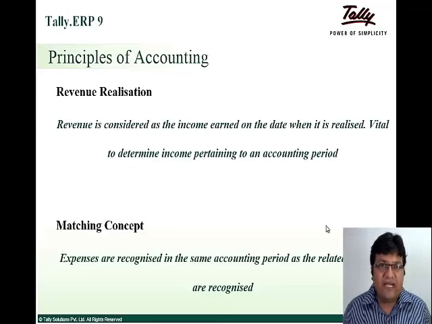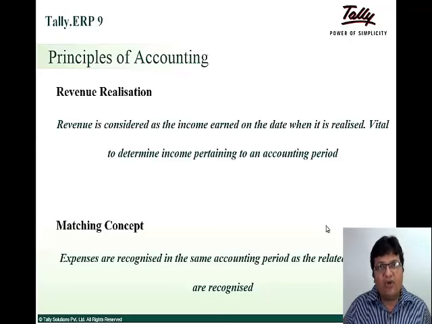The next principle that we spoke about is the matching concept. The expenses which are incurred in the same accounting period as the revenue received is known as the matching concept. Let's say you have an income as a part of salary, which is generated in the month of March.